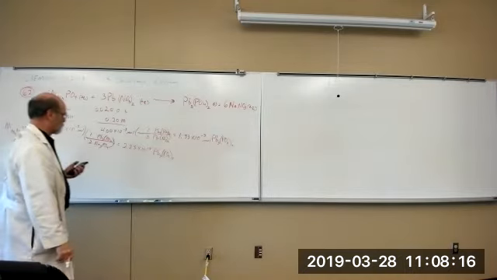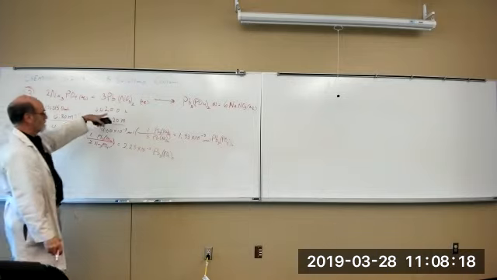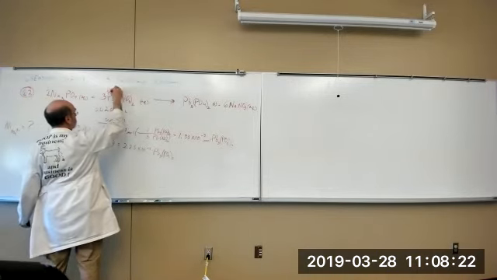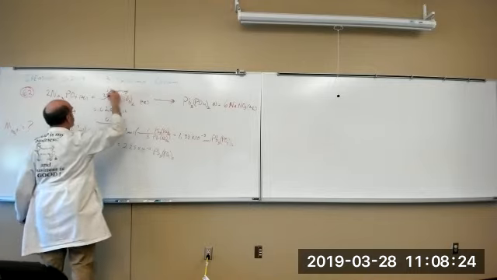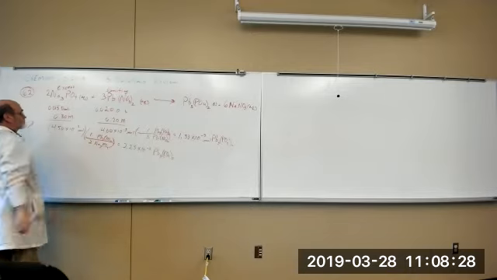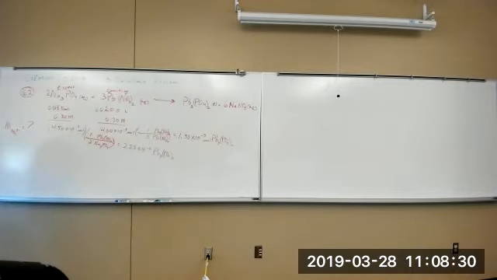Okay, so now which one runs out? This one runs out. So this is limiting. Excess. Okay? All right. In that case, you have choices.